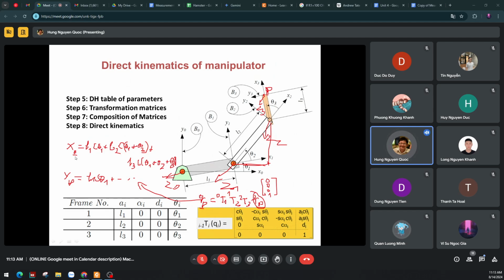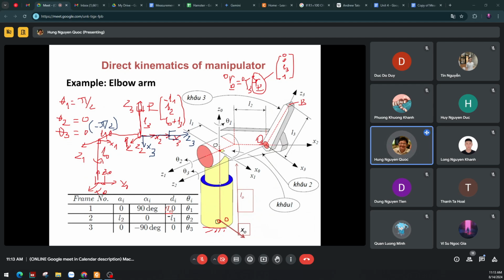You can check: the x of the point P equals L1 cosine θ1 plus L2 cosine(θ1 plus θ2) plus L3 cosine(θ1 plus θ2 plus θ3). Okay, so that is what we already learned. And now you can use the DH approach to get the solution again.